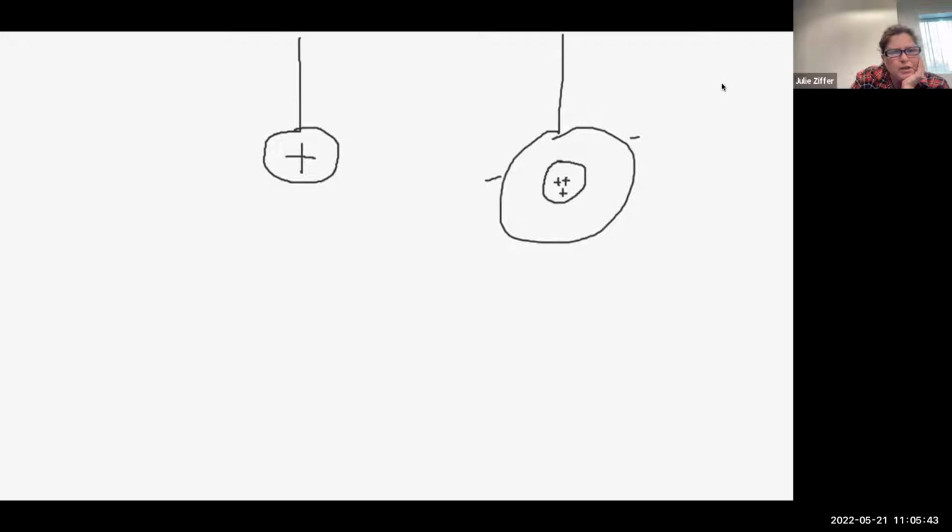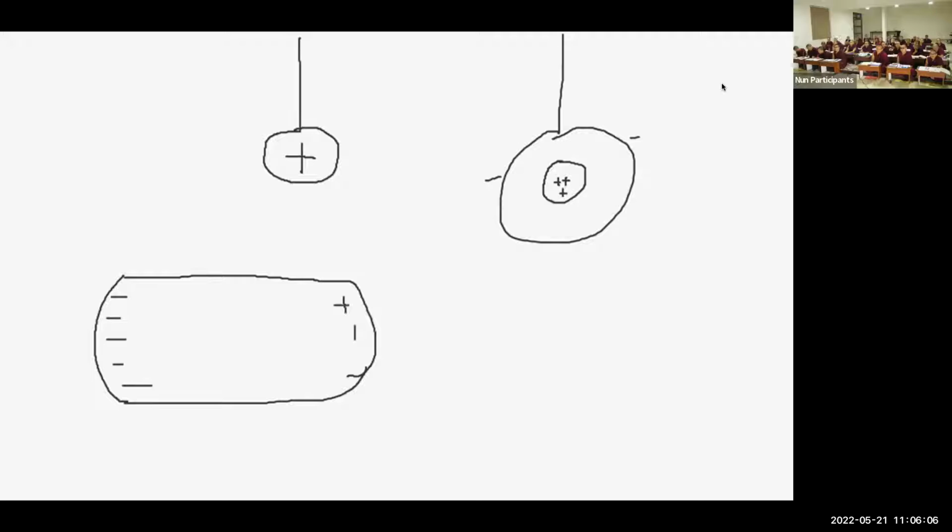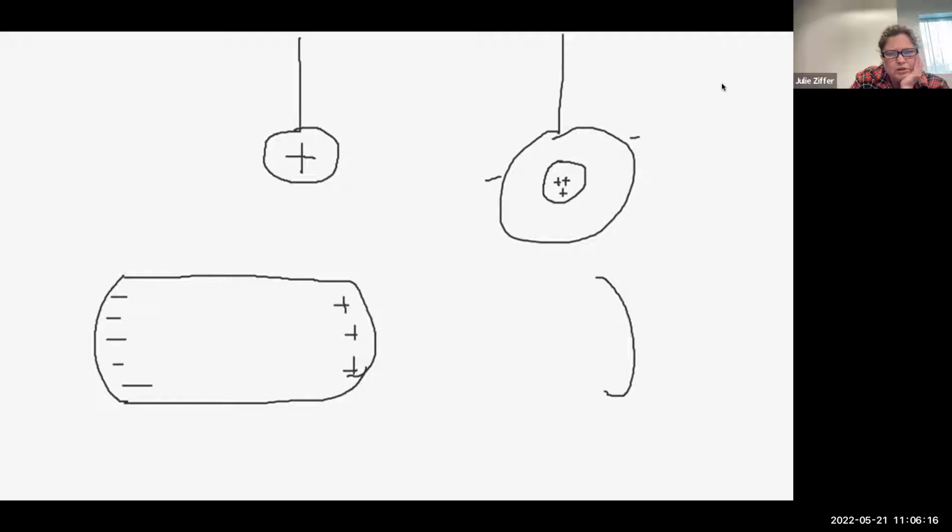Okay, so when we maybe draw a rod that looks like this, and we say negative charges on this side and positive over here, what we actually mean is that this area right here is those are two positive and maybe one negative on the outside.